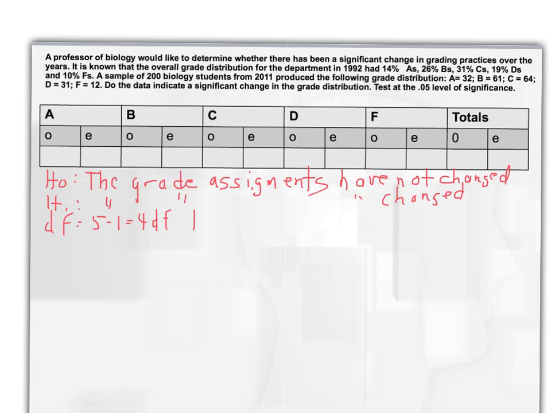So we're going to reject our null hypothesis if the chi-square that we compute is greater than the critical chi-square. The critical chi-square value is 9.488.